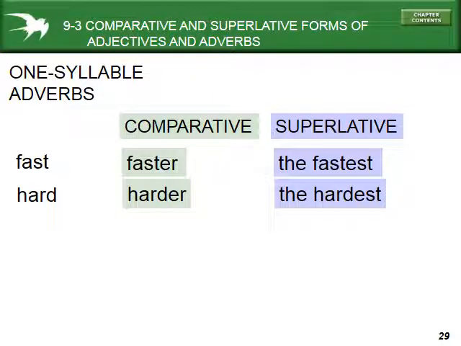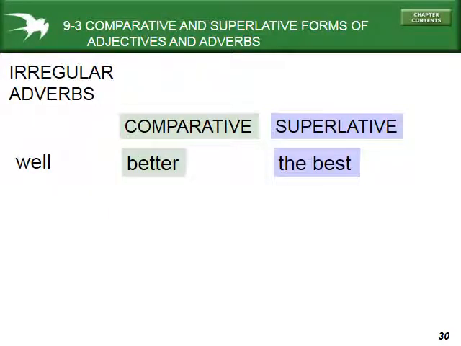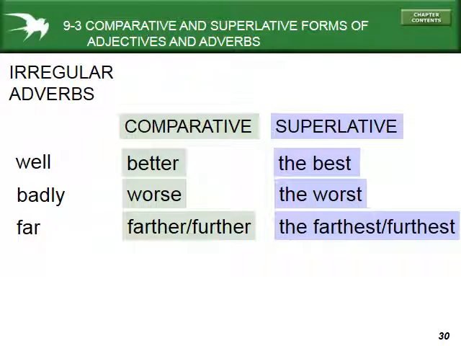In that case, just like with 1-syllable adjectives, we're going to add the er or the est. There's also a couple of irregular adverbs, like well, badly, and far. So well becomes better, the best, badly becomes worse, the worst, and far becomes farther or further, farthest and furthest. Okay.